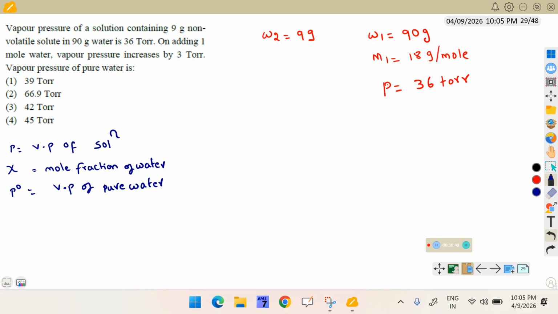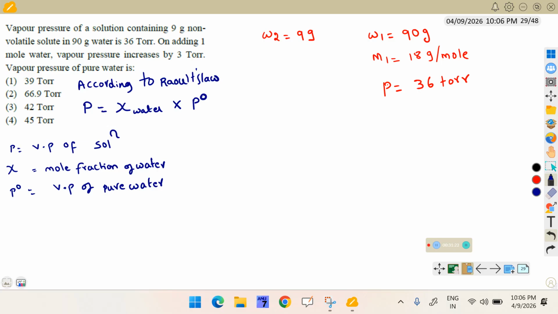Then the vapor pressure of pure water is... We know that according to Raoult's law, the vapor pressure of the solution is equal to the mole fraction of water into the vapor pressure of pure water.